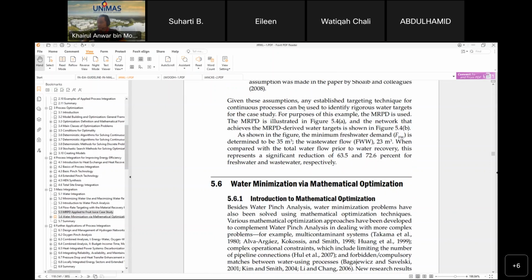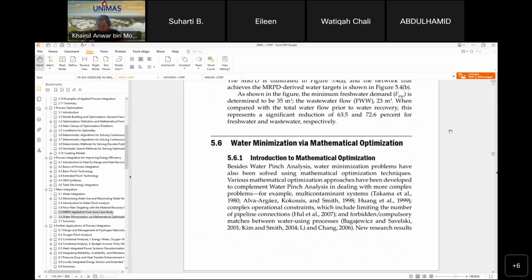Given this assumption, any established targeting technique for continuous processes can be used to identify the rigorous water target for the case study. For the purpose of this example, MRPD is used, illustrated in figure 5.4, and the network that achieves the MRPD-derived water target.